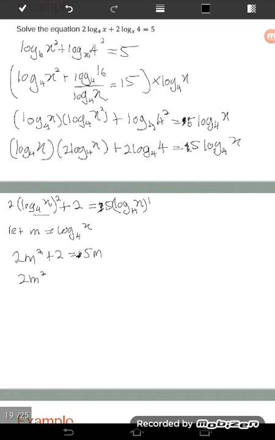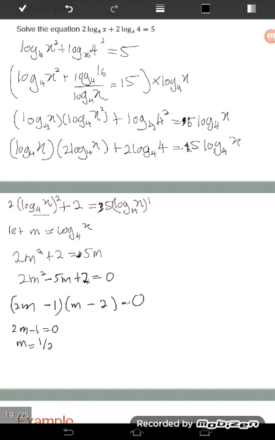So 2m power of 2 minus 5m plus 2 is equal to 0. And then factorize. So you will have (2m - 1)(m - 2) equal to 0. From here, 2m minus 1 equal to 0, and m is equal to 1 over 2, and another one, m minus 2 is equal to 0, and m is equal to 2.